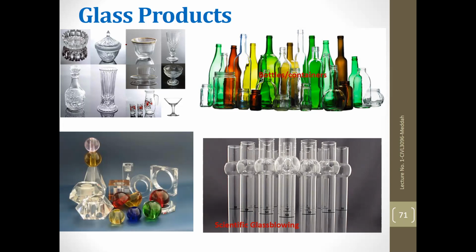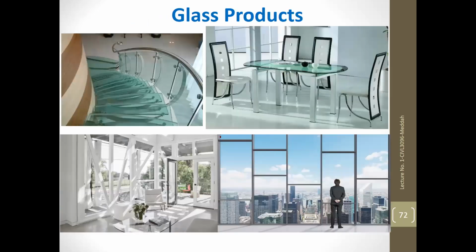And you can see the applications of glass just in your house. Just look around you, you will find glass is used for food packing containers, for glass bottles, whether for beverage or water or whatever, and also for construction, which is, of course, our main purpose.